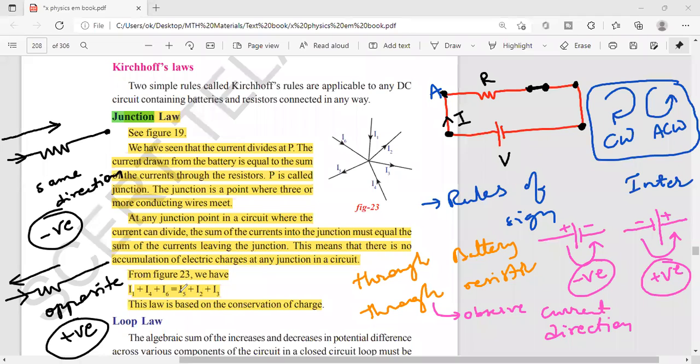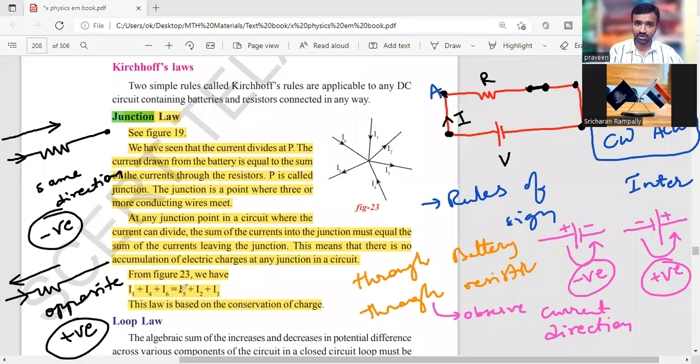Just give me your quick impression. Are you left with any confusion about the sign convention or about what the law says? What does the law say actually? The law says the sum of the increased and decreased voltages must be zero, right?